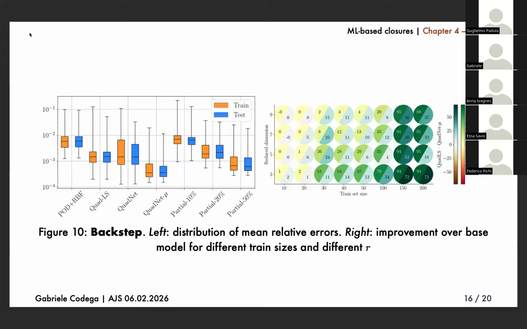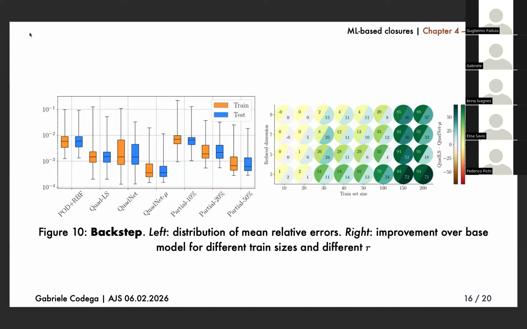And okay, you can see that even with just 10% of the mesh nodes, the performance of the quadratic model is at least as good as the baseline model, which means that we are not adding anything bad to the original model, which is something good.